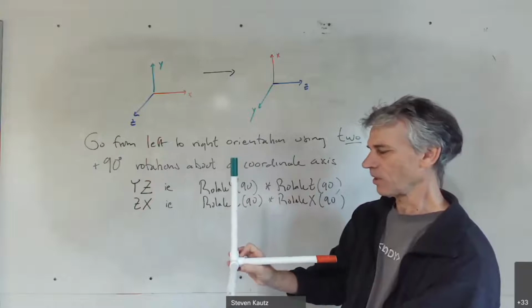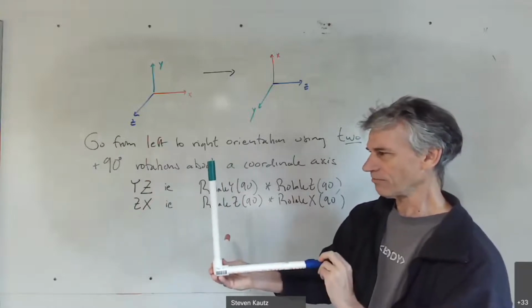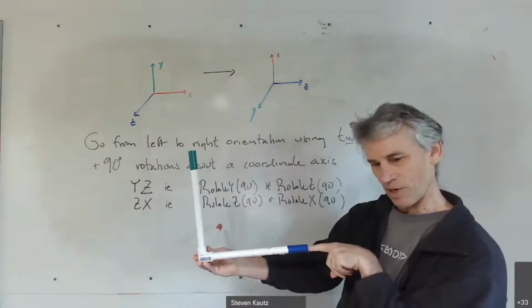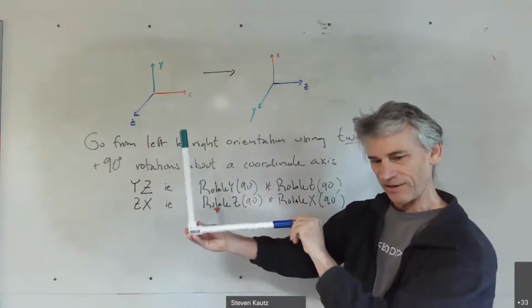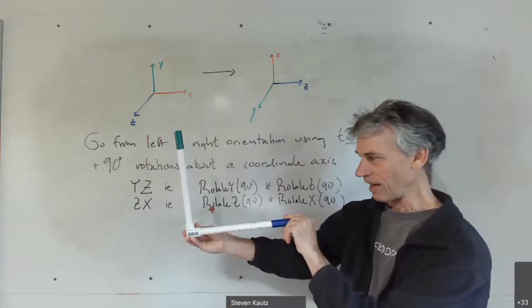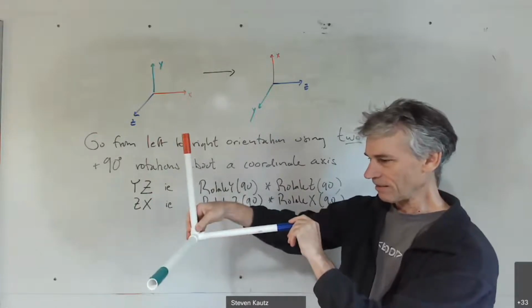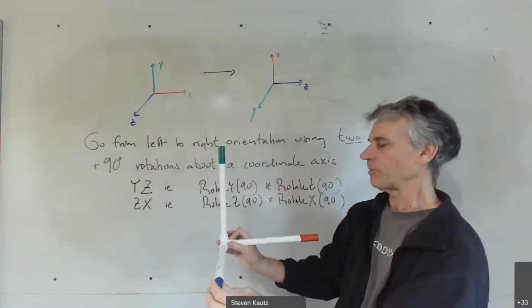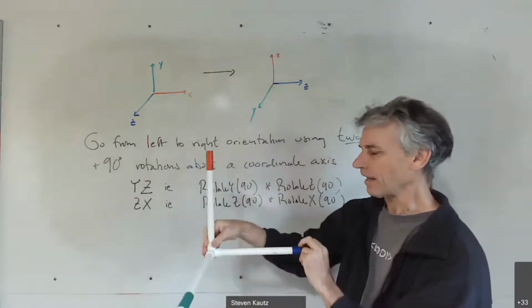Is that right? Y rotation followed by, here's my world x-axis right here, so we do a 90-degree x rotation extrinsically, so on the left, right? So, y, x.